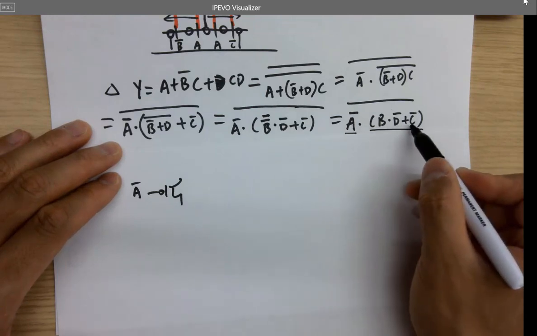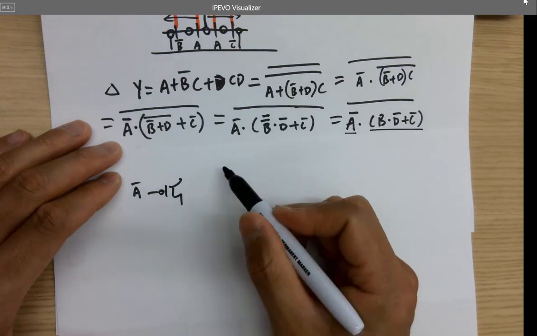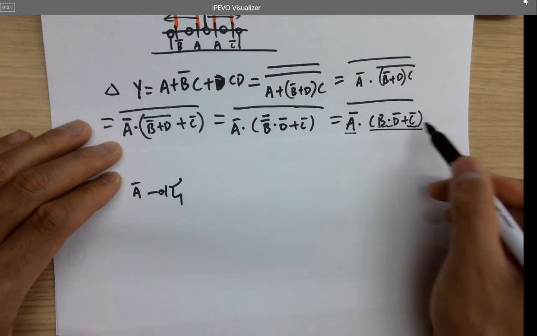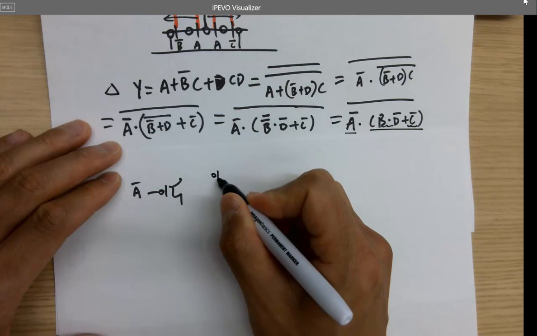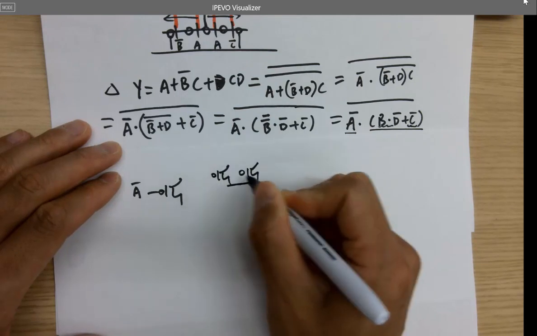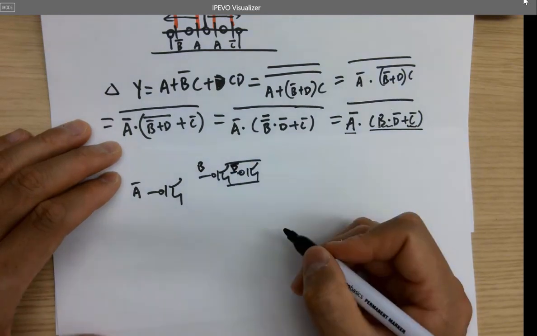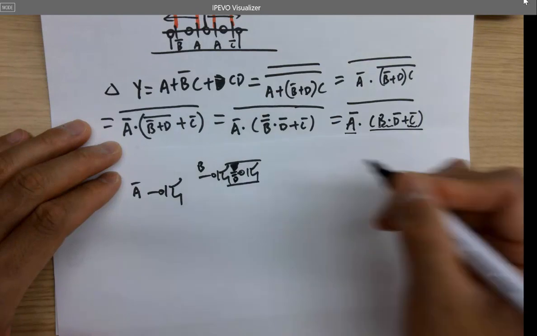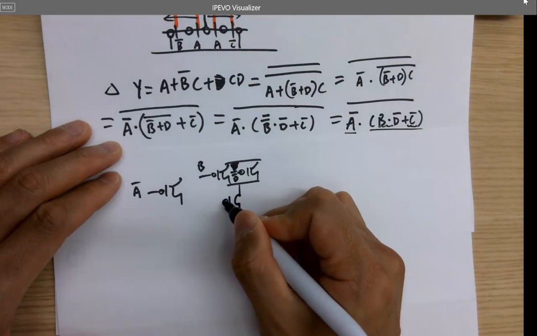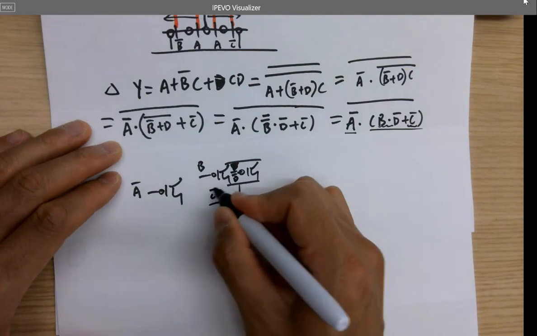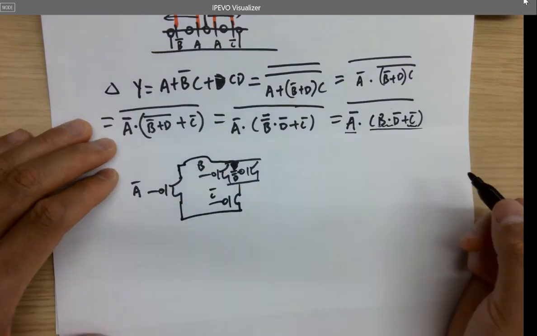So for the rest, you have 2 blocks in series, for these two in series, and these two in parallel. So it becomes D naught, B naught in parallel, and then in series with C naught, and this in parallel, right?